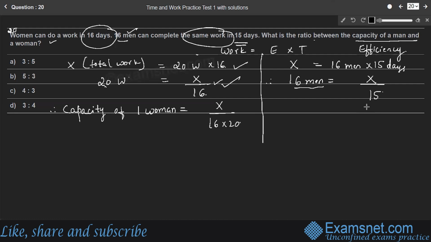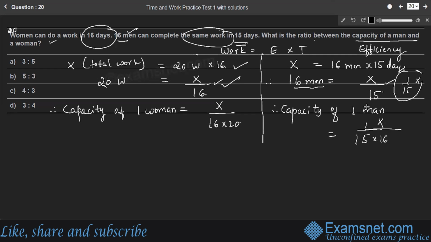So in one day, 16 men can complete X by 15 or 1 by 15th part of total work, right? Therefore, capacity of one man, one man can complete 1 by 15th part of total work divided by 16. So it becomes into 16 in the denominator part.